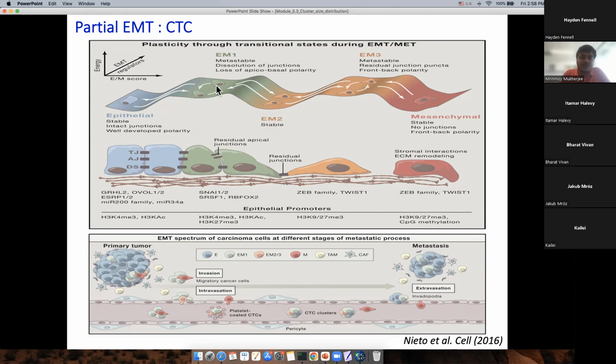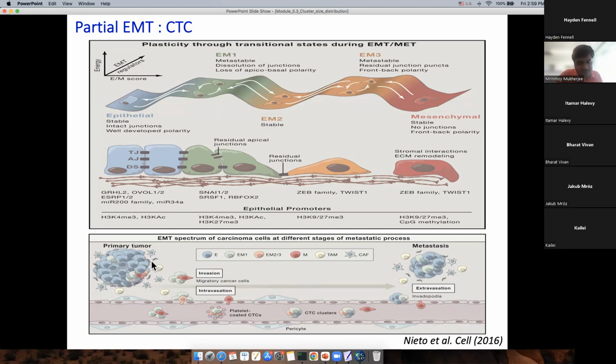So you can think of an energy landscape, with the epithelial and mesenchymal states as two deep minima, and the hybrid state is some kind of shallow cellular minimum, so that cells can move back and forth towards epithelial or mesenchymal states. Now you can think of the picture a little differently, as the metastatic cascade. Consider a primary tumor of epithelial tissue.